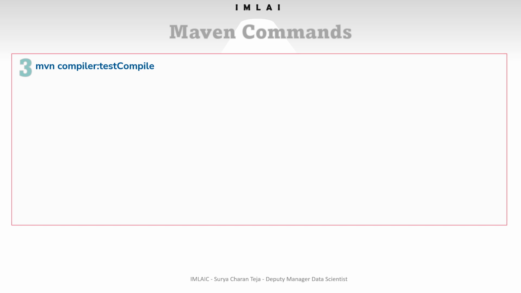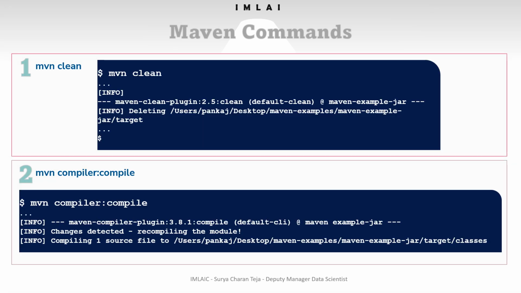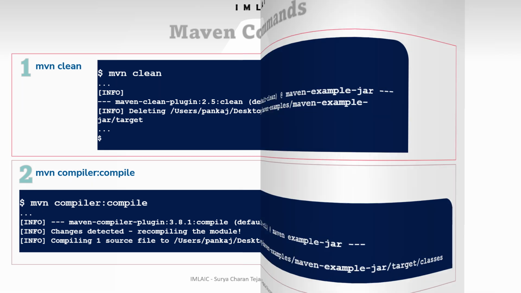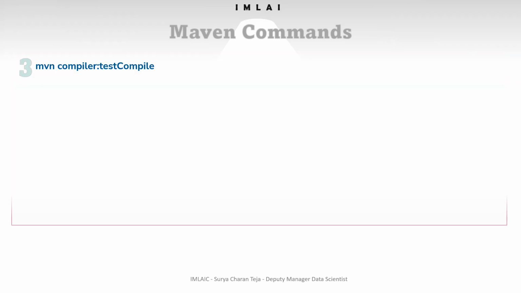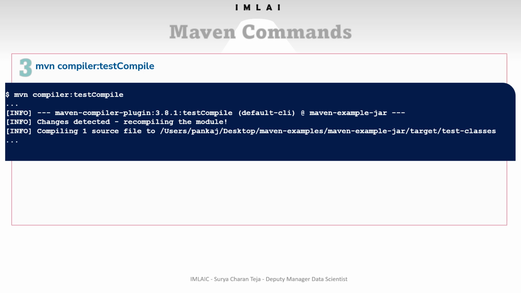If you mention just compile, it compiles the java source classes of the main project, whereas testCompile compiles the test classes of the maven project.